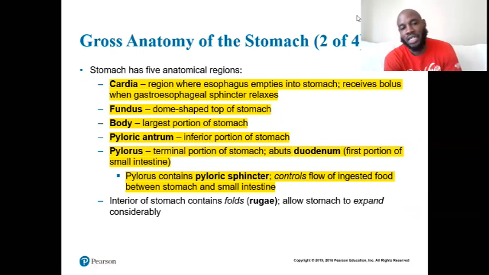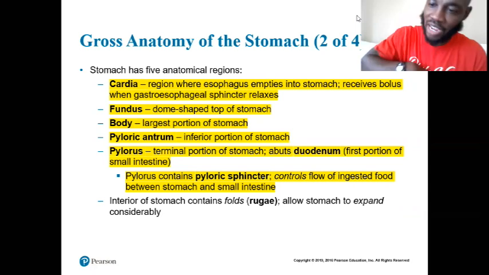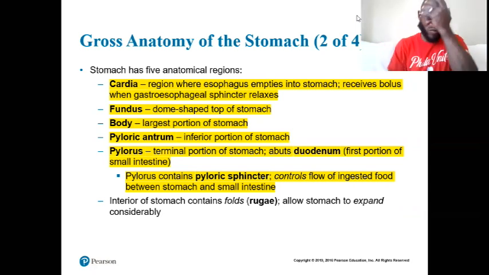Don't necessarily think of cardio, like cardiovascular, cardia region, where your esophagus tube, posterior to the trachea, goes through the diaphragm, goes into your stomach. This is where the esophagus empties into the stomach. This is where the bolus, the food that you've chewed up, enters your stomach.